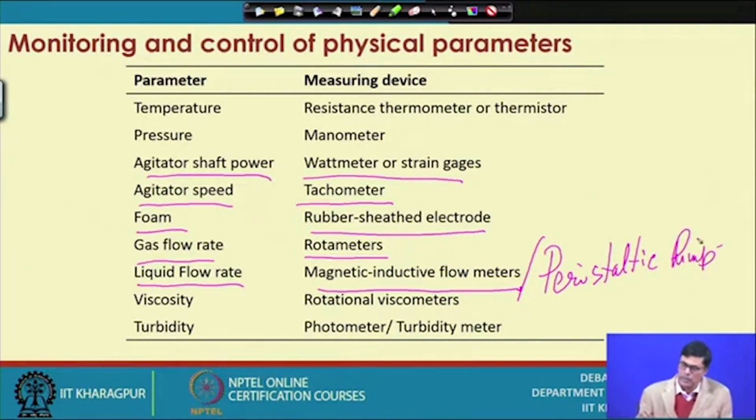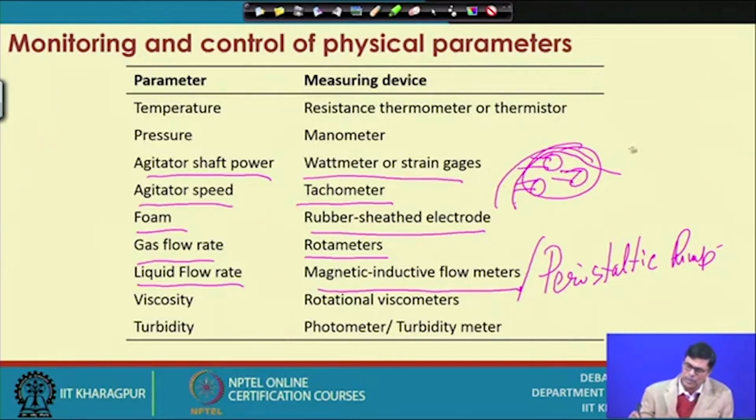Now what is peristaltic pump? Peristaltic pump is kind of like this: you have this rod, and here what you do, you put a pipe around this, and it rotates like this, and it follows the principle just like a dropper that we have.